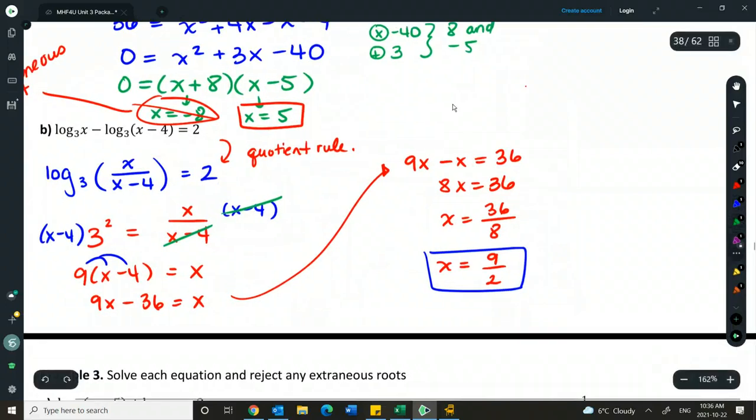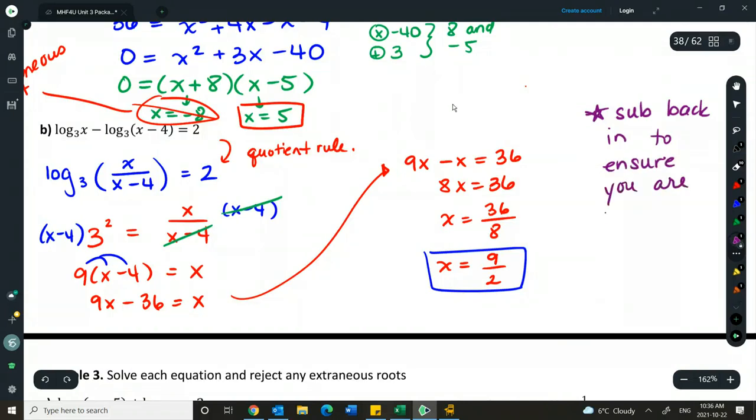Okay, maybe for your future self, as you're looking at your notes, maybe we should make ourselves a note that just says sub back in to ensure you are not taking the log of 0 or a negative.